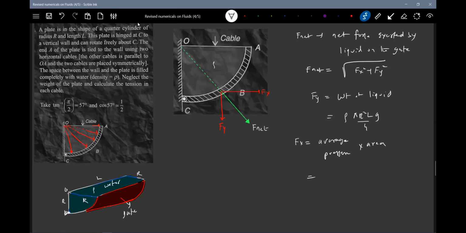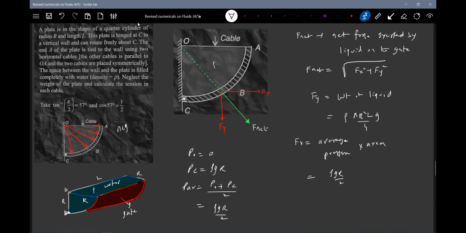What do you mean by average pressure? What is the pressure at this point O? It will be 0. What is the pressure at C? Rho gR. Okay, I'll define that. What is the average pressure? P naught plus PC by 2. So therefore, this will become rho gR by 2. We are assuming to neglect atmospheric pressure.